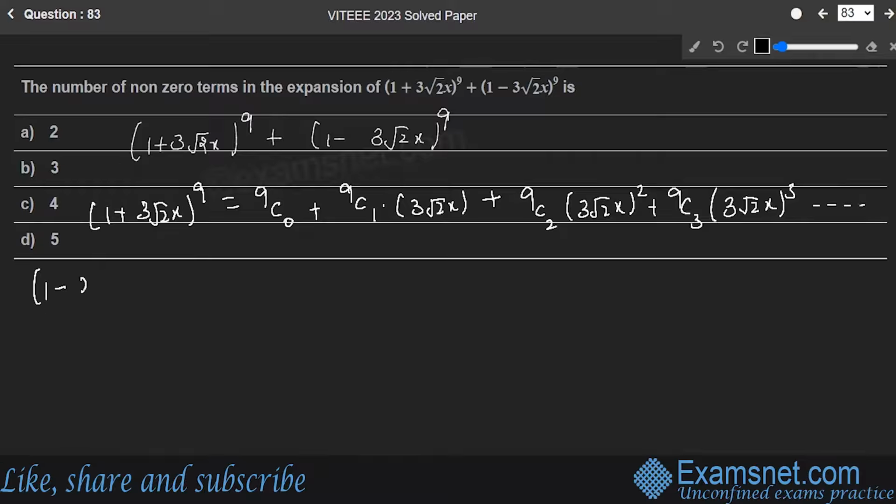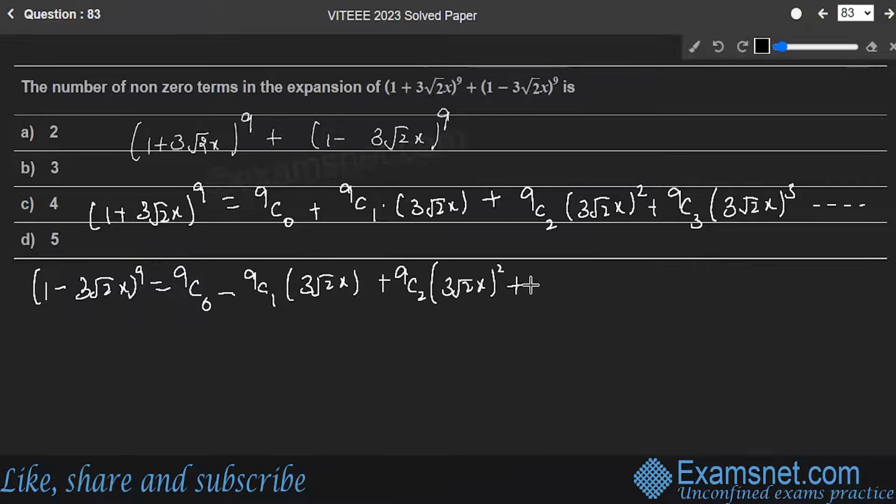Similarly, (1 minus 3 root 2x) raised to power 9 will be given by 9C0 minus 9C1 into 3 root 2x, plus 9C2 into (3 root 2x) squared, minus 9C3 into (3 root 2x) raised to power 3, and so on.